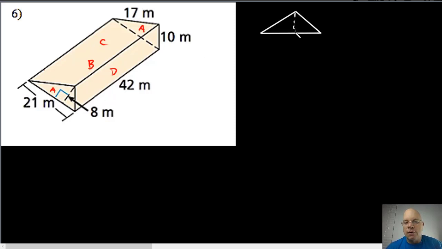So for sure I can call this my height of my triangle and this my base, 21 meters. These other dimensions are going to be needed to find the area of these rectangular faces, but you can't use them to find the area of the triangle because the altitude, or the height of the triangle, is clearly marked here.